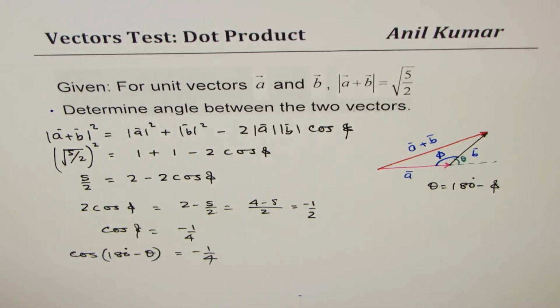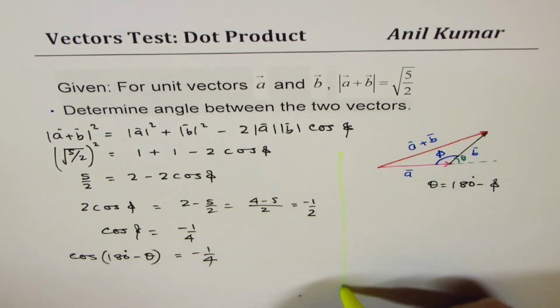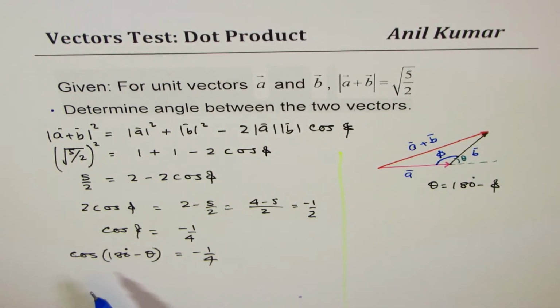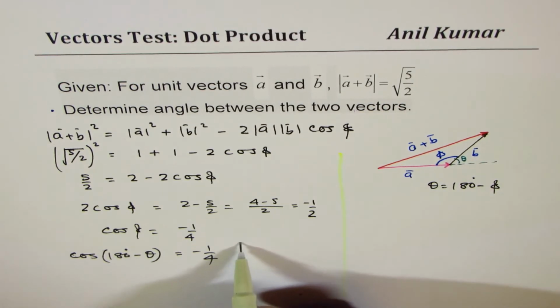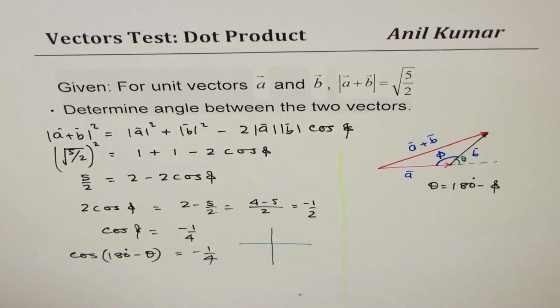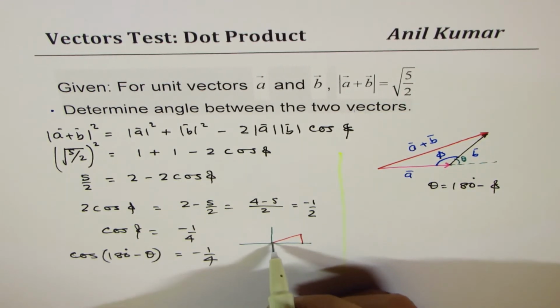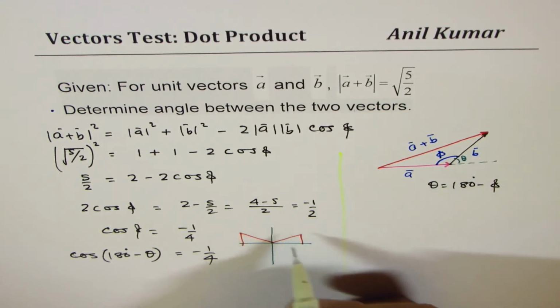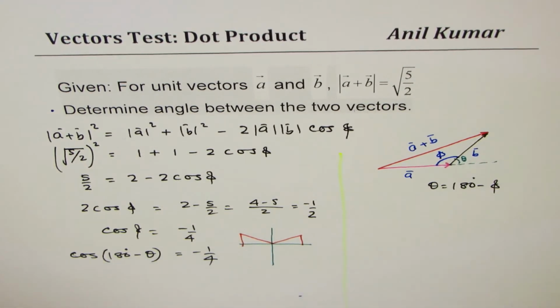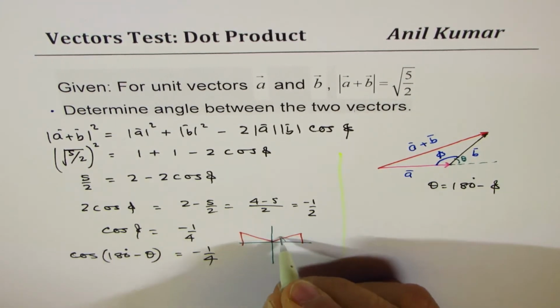Perfect. Okay, so let's get back to this place. That tells us cos of 180 degrees minus theta is actually minus cos theta, since you are in quadrant 2, right? So let me review this. We are talking about the angle relating to theta. 180 minus theta is basically this angle.